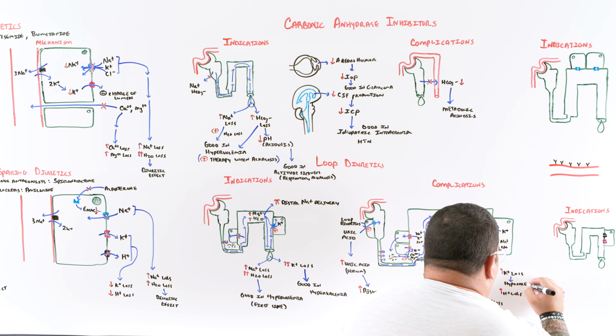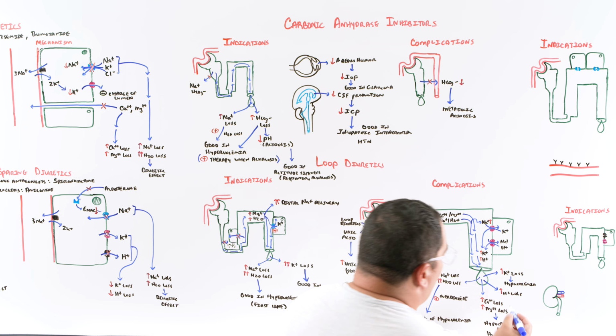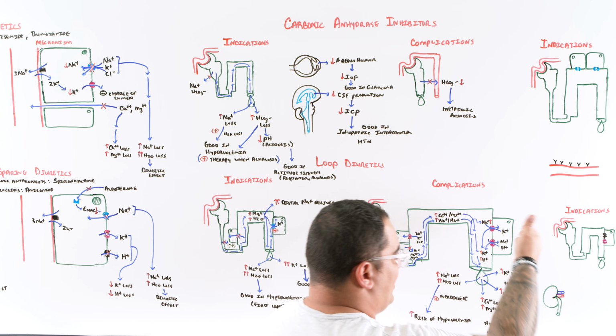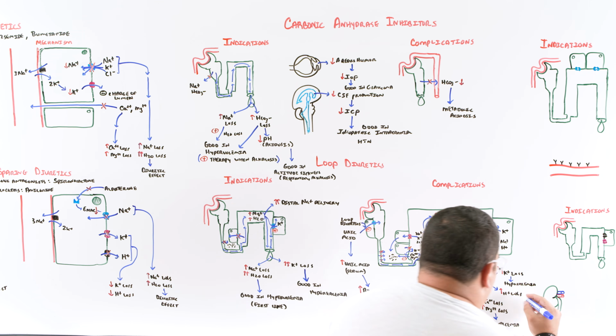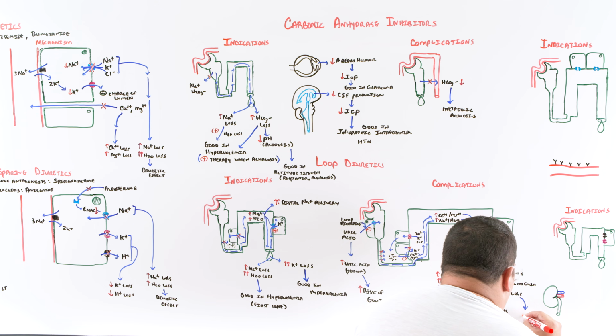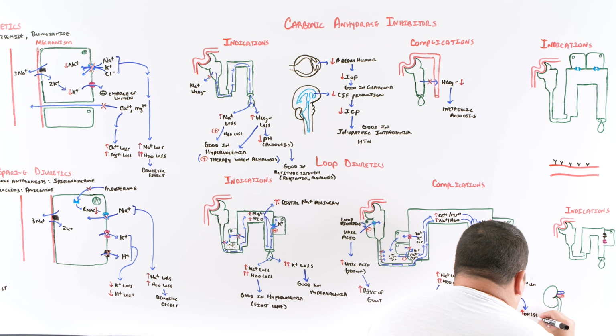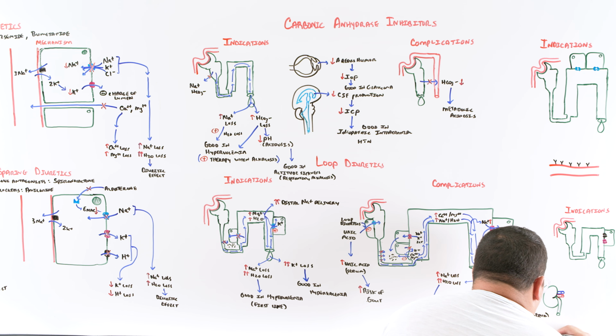And if you over-diurese a patient, or you give a patient a loop diuretic and you get rid of too many protons, you have fewer protons present in your serum. If you have fewer protons in your serum, what happens to the pH? You have an increased pH of your serum. And because of that, the patient can develop metabolic alkalosis.